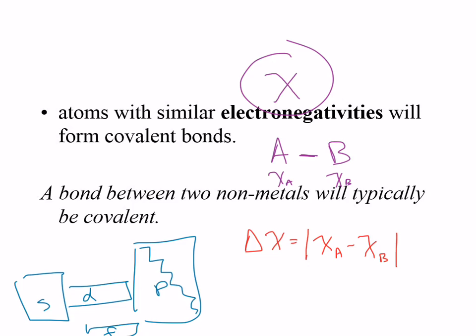You know where I'm going with this, don't you? Good. So these right here are your nonmetals. What it says in italics is it works out really well. You can pick a pair of nonmetals, put a bond between them, and probably that bond's going to be covalent. If you take a nonmetal and a metal, that bond between them is probably going to be ionic.